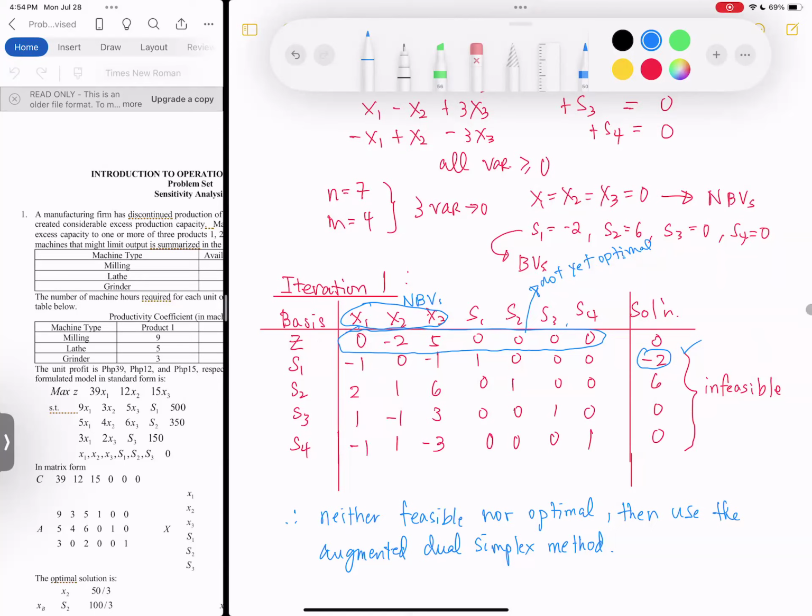So what do we do under augmented dual simplex method? You create an additional constraint, you augment, no, an additional constraint. Okay? And that constraint will consist of what? Anyone? Sir, the variables that could be the entering variables. Okay, the variables that are okay.